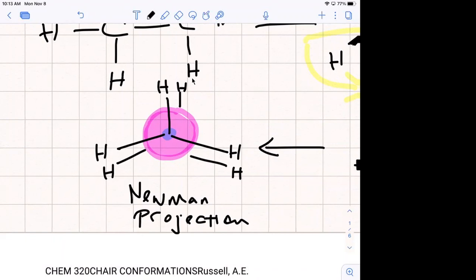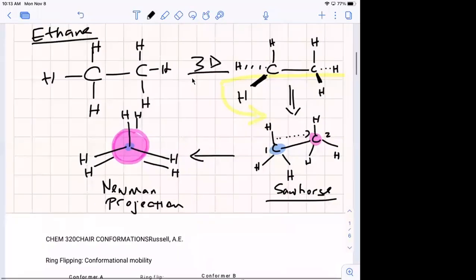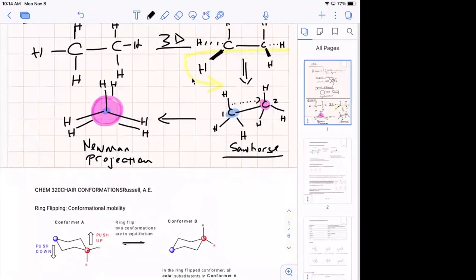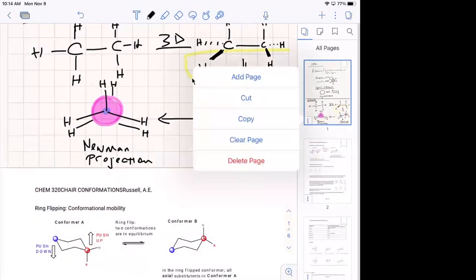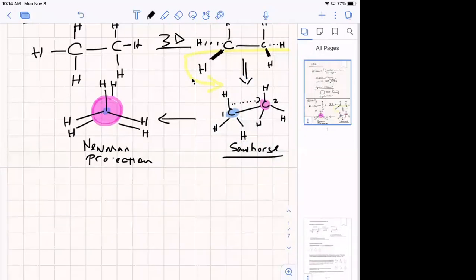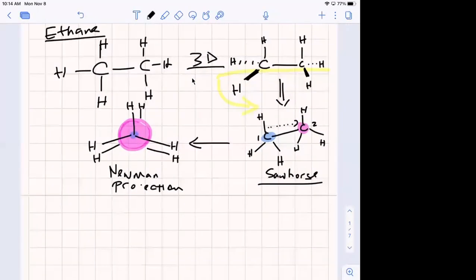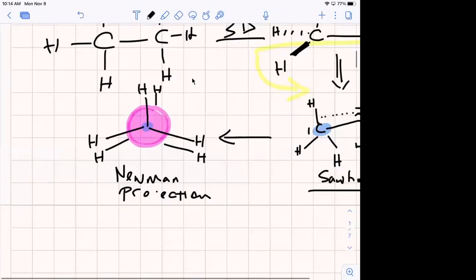And in the same vein, we use it to talk about stability, like how stable one conformation is when you compare it to another. So I'm going to copy this Newman projection and add another page, because now we can talk about the energy associated with it. Any questions so far?